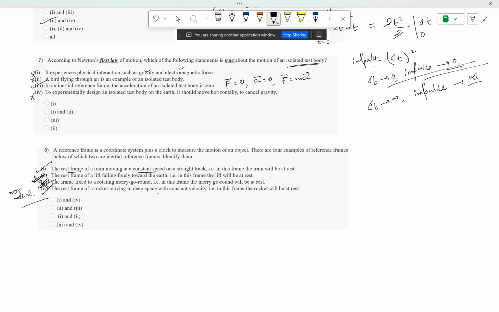The rest frame of a rocket moving in deep space with constant velocity. In this frame, the rocket will be at rest. So the first and fourth options will be correct, because in the first option the train is moving at a constant speed. That means the reference frame of the train has a constant magnitude of velocity, and it is said that it is moving on a straight track. That means the velocity direction is also not changing.